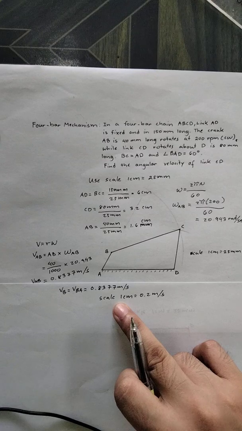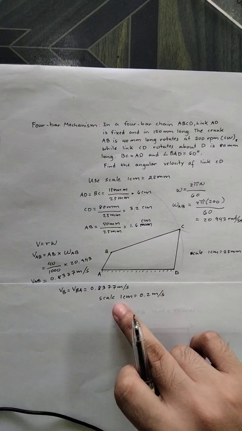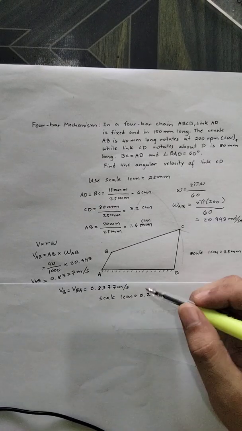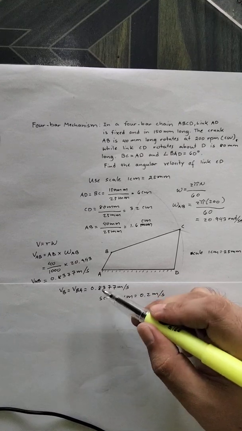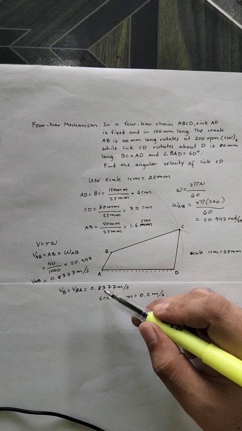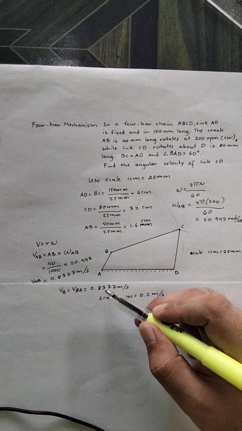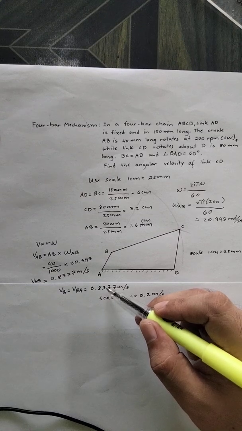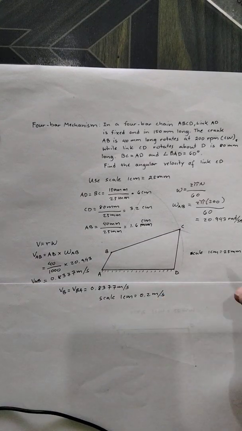Okay, so in the velocity vector diagram, you just need to divide this value in order to convert the linear velocity of B into vector diagram form.